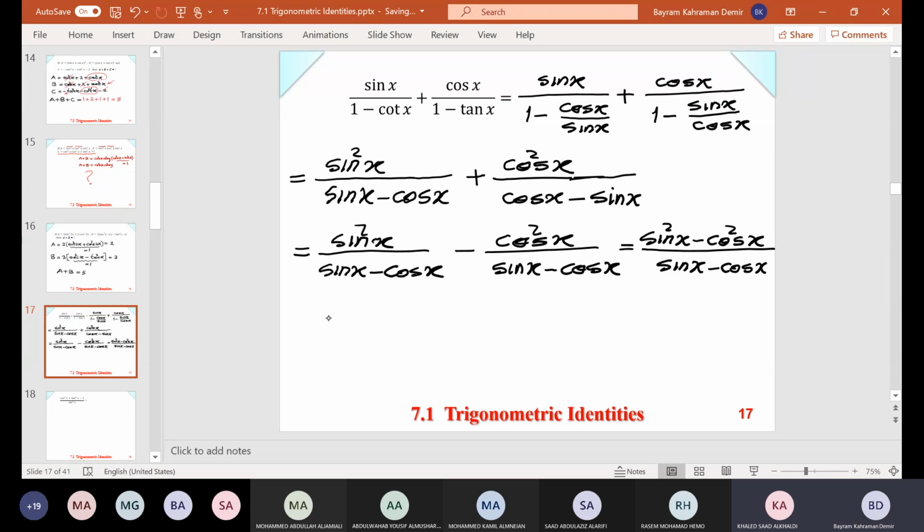How can we write it? Factorize: sine x minus cosine x times sine x plus cosine x, over sine x minus cosine x, and we simplify.